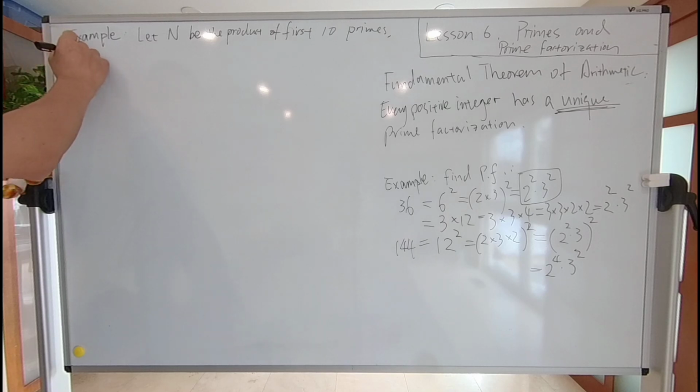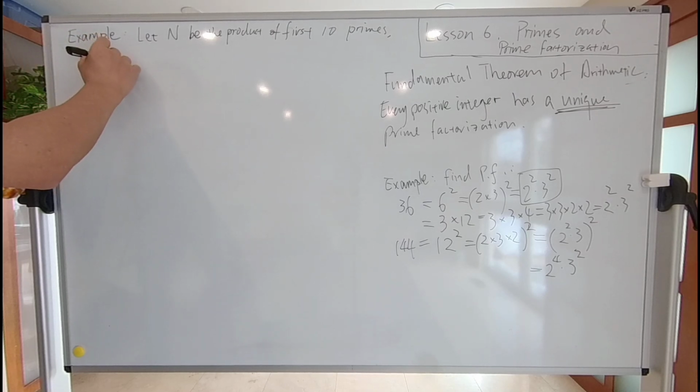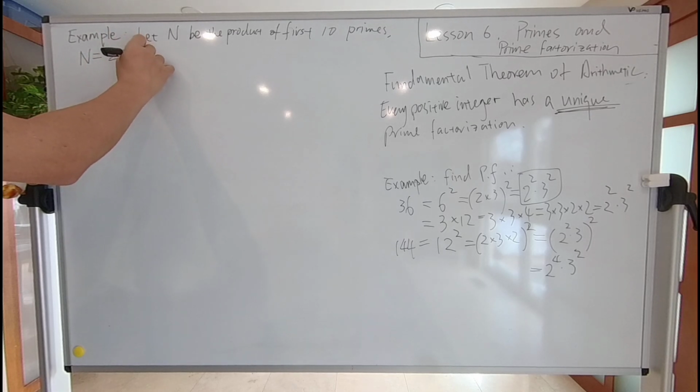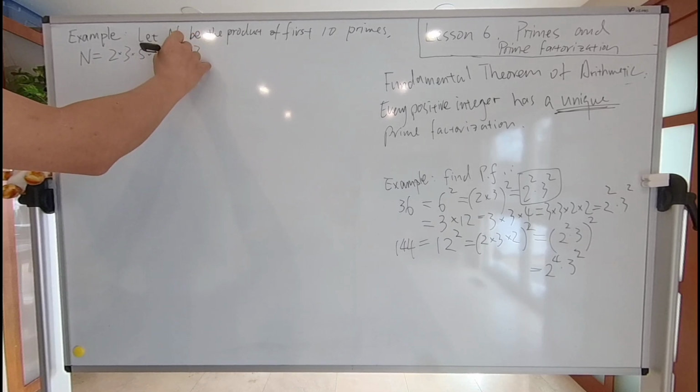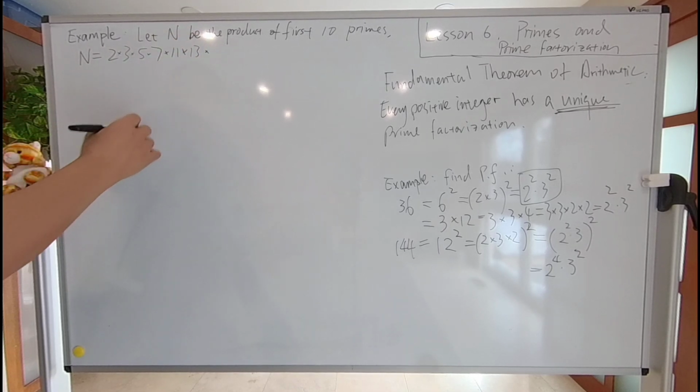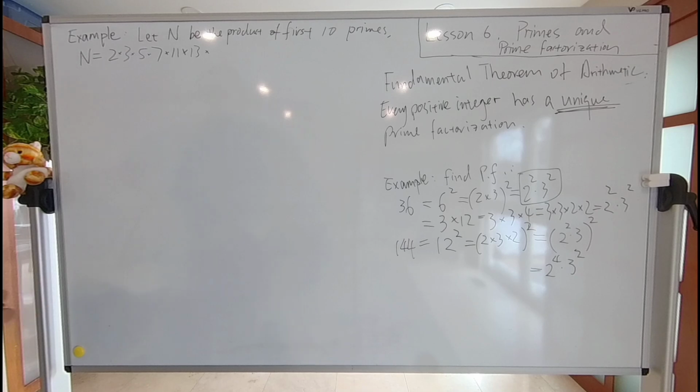Then this n can be written as 2 times 3 times 5 times 7 times 11 times 13, and so on. You can look up the prime numbers in any reference page or on any website.